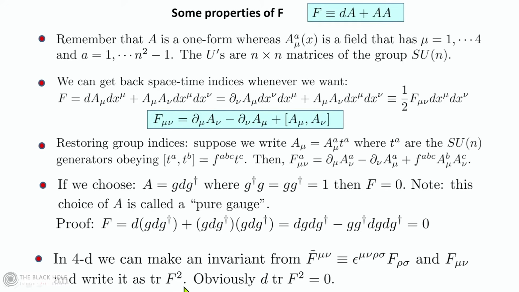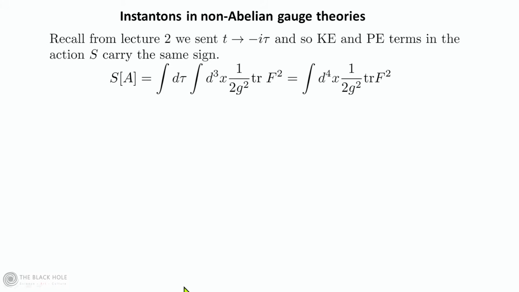Now, if you take the trace of that, as I explained earlier, you then have an invariant. And that tells us that we can now put in our action the trace of F squared. So with the F tilde F, we've now added a term to the action.